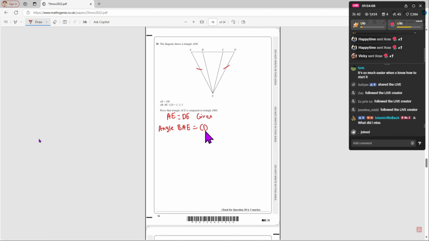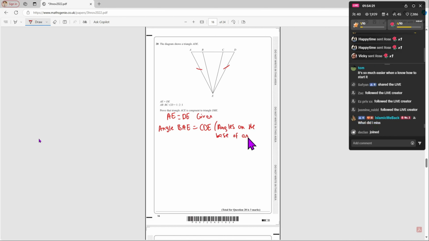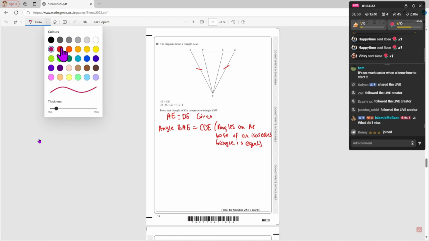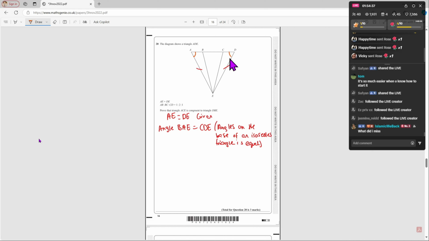So I'm going to write CDE. They're equal because angles on the base of an isosceles triangle are equal. So these two angles over here are equal.